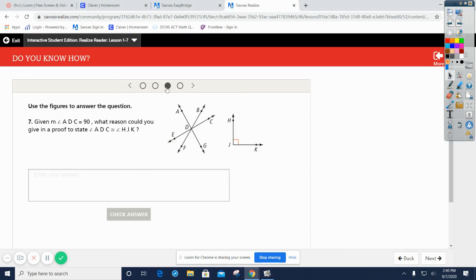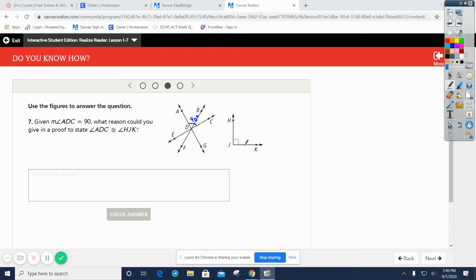All right, let's look at the third circle. It's going to keep using this same picture here. It says given that angle ADC is 90 degrees, what reason could you give in a proof to state that angle ADC and angle HJK, which is this one over here, are congruent?